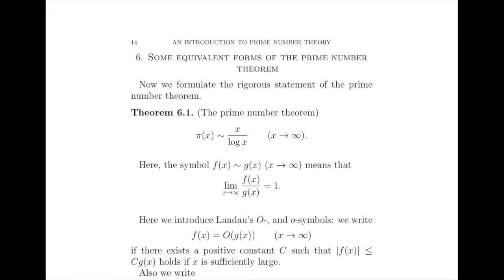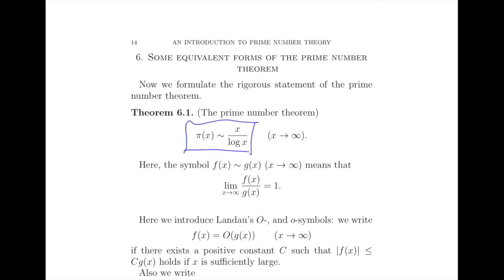Now we are talking about how to prove the prime number theorem. We first give the rigorous statement of the prime number theorem: pi(x) is asymptotically equal to x over log x.